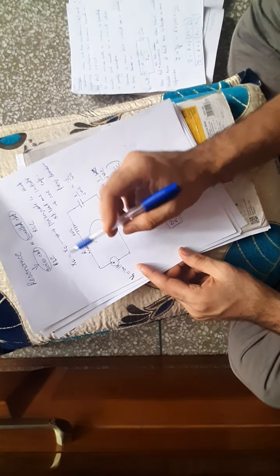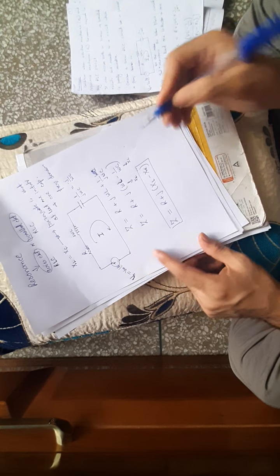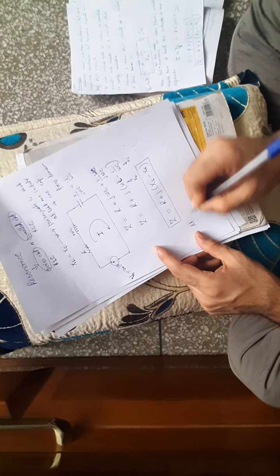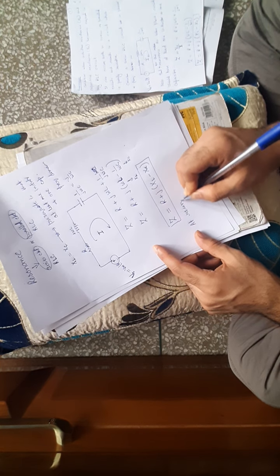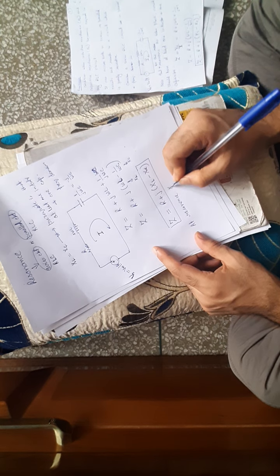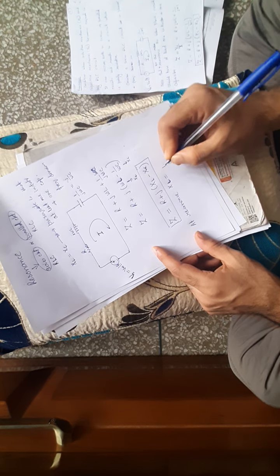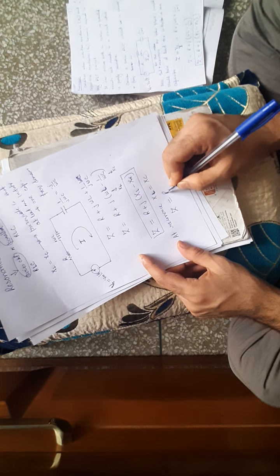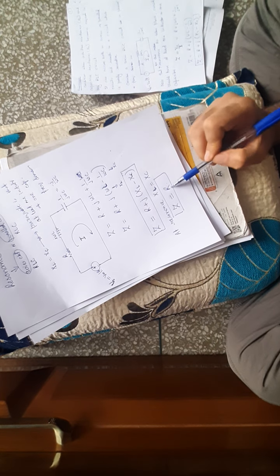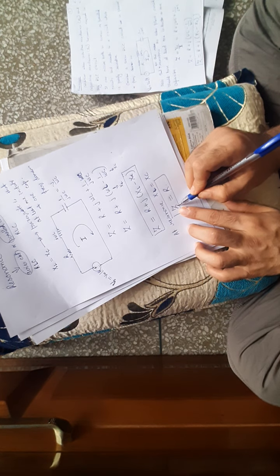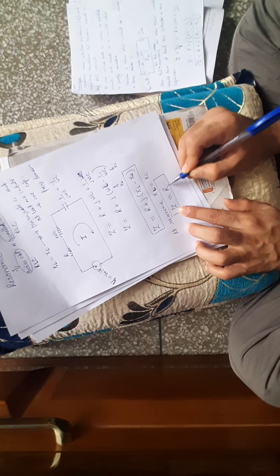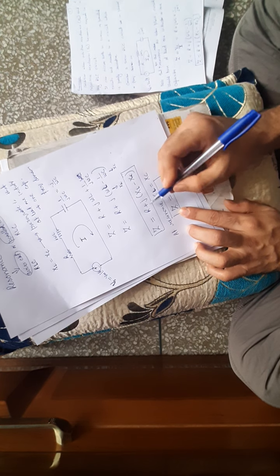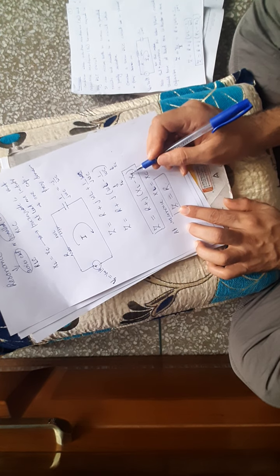At resonance, we say that XL is equal to XC. So what will be Z? Z will be nothing but equal to R. Note that at resonance, the impedance of the circuit is purely resistive, because we don't have any reactive component; this imaginary term becomes equal to 0.